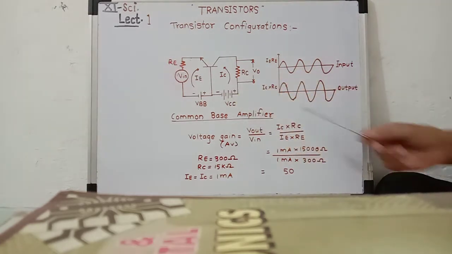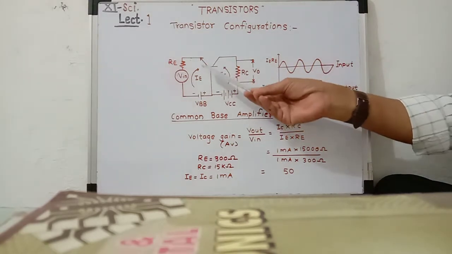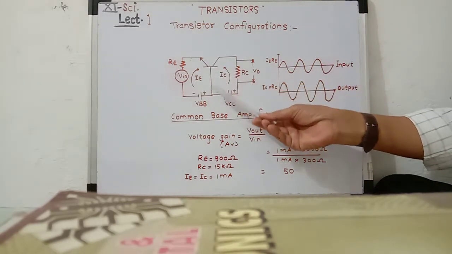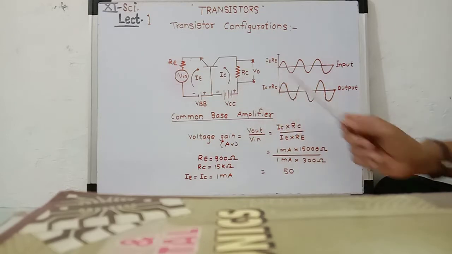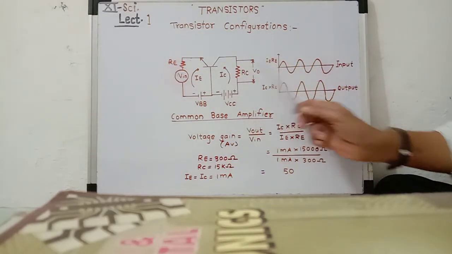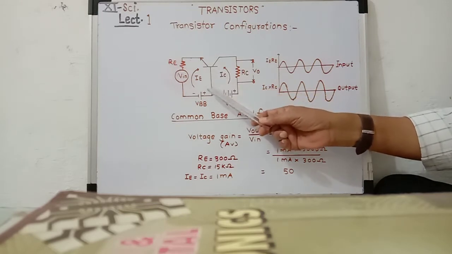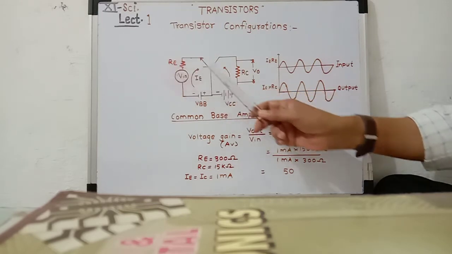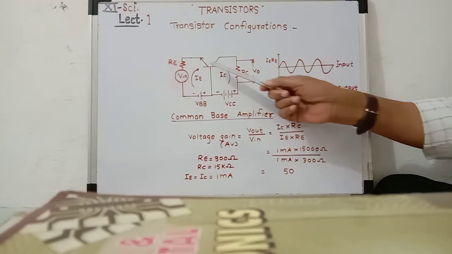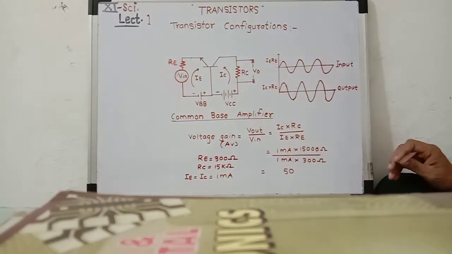Here in this circuit, the base terminal of the transistor is common to input and output. So this is called a common base amplifier.